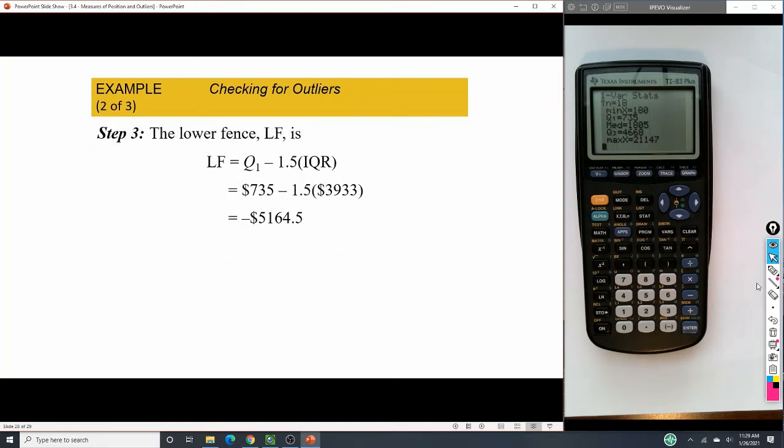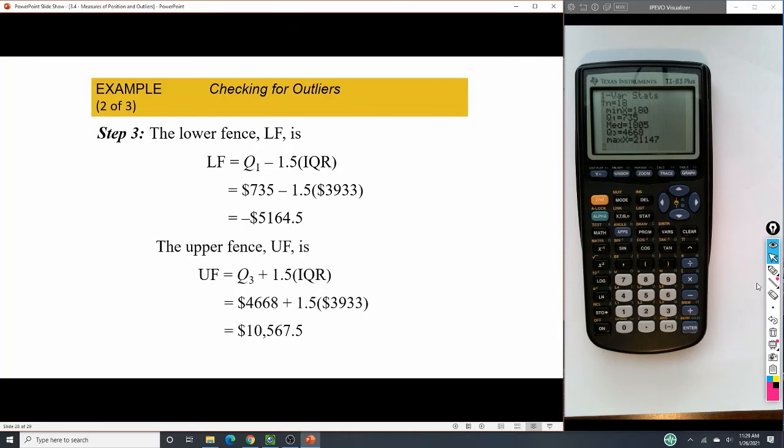So now we found our lower fence. So we take the 735 minus 1.5 times 3,933, and we get a negative 5,164.5. So that's going to be in the negative. We have to be losing money with those. Now our upper fence, we take the 4,668 plus 1.5 times that 3,933 and get 10,567.